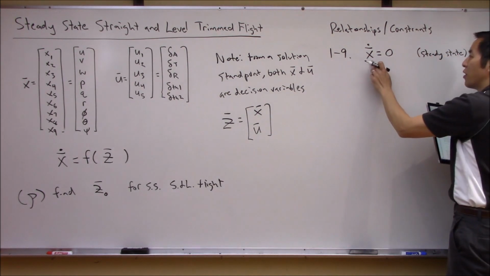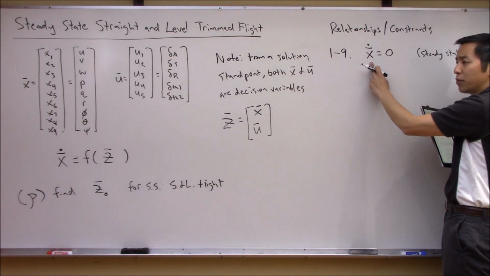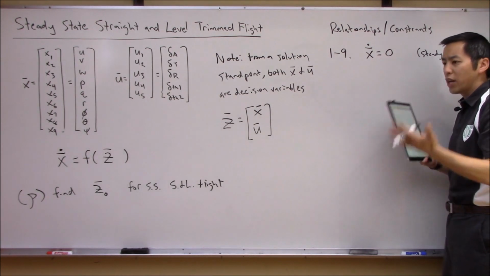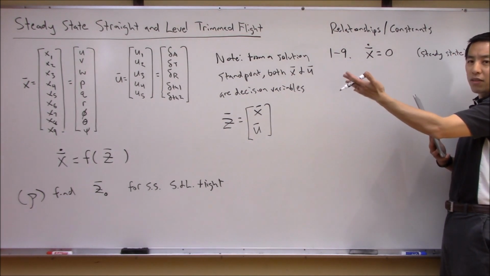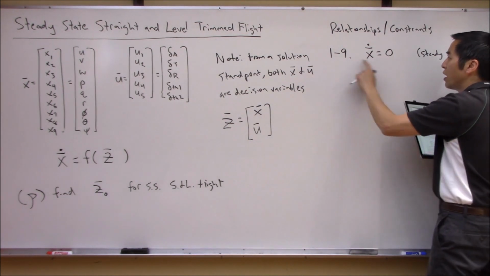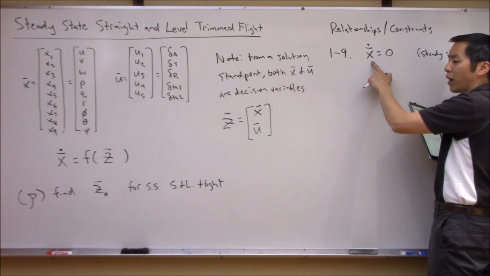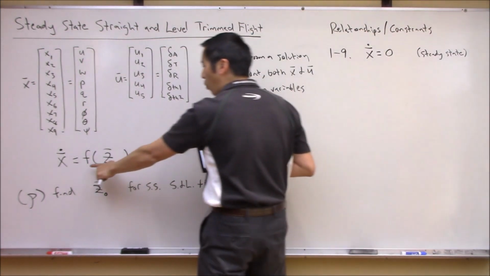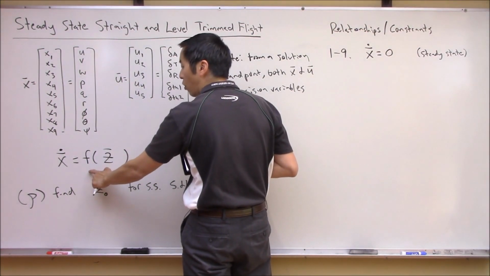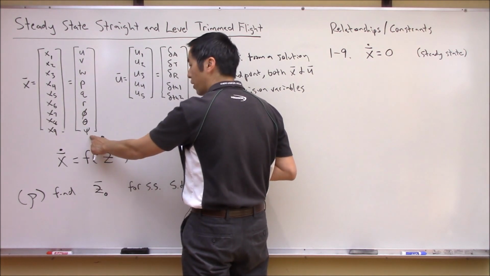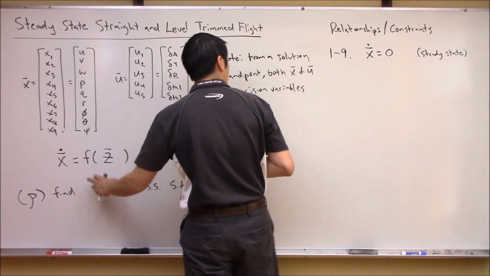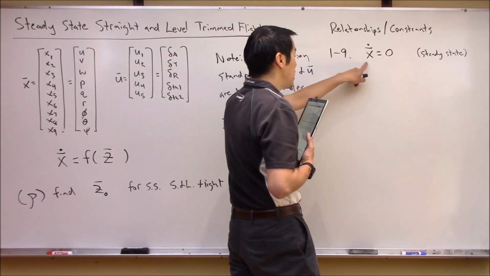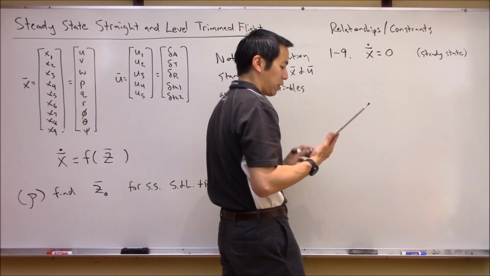If I can get x dot equal to 0, that means you are in an equilibrium point, which is the exact same thing as steady state, right? Remember, this is 9 equations: f1 is equal to 0, f2 is equal to 0, all the way down to f9 is equal to 0. We'll take a look at what this looks like in a second, but just remember this is actually 9 constraints or 9 relationships all at the same time.